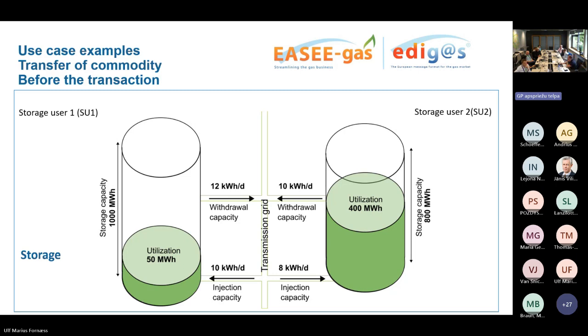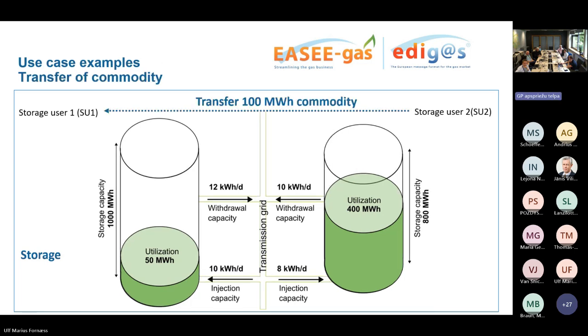In this example, we would have two storage users, storage user 1 and storage user 2. We will also have a storage operator, which will receive these messages, perform the matching and validation, and reply back to storage users afterwards. And we can go to the next slide.